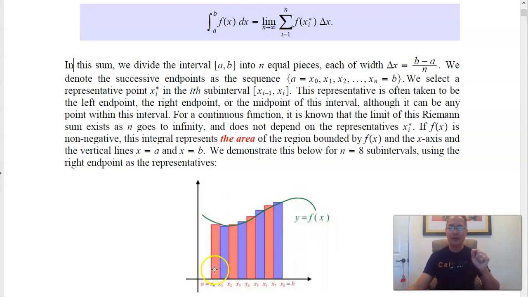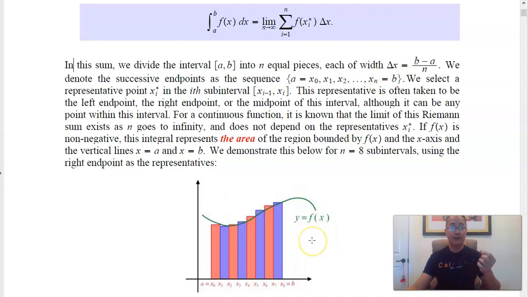Why should we multiply all of them by delta x first before we add them all together? We don't have to, okay? Because this delta x is a constant which does not depend on the interval. It does not depend on i. It doesn't matter which subinterval we're talking about. Delta x is the same for each of these subintervals.